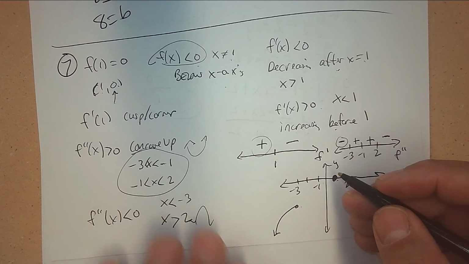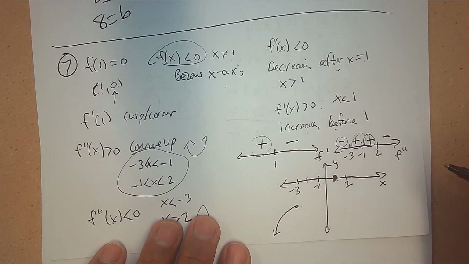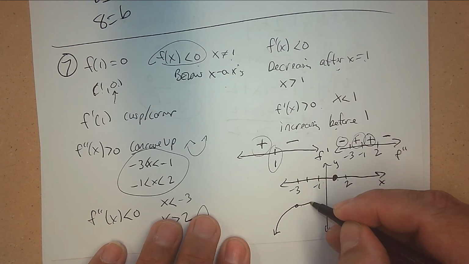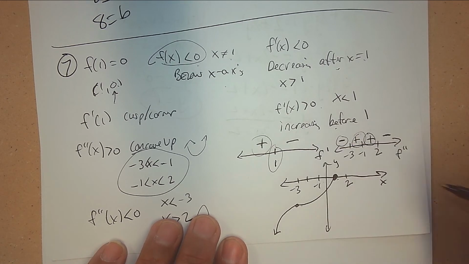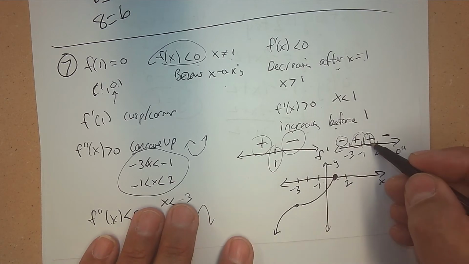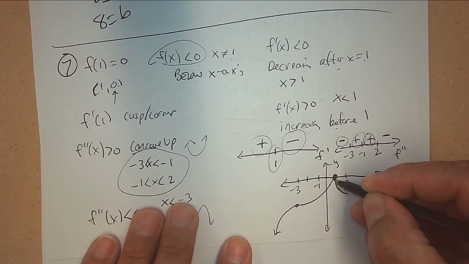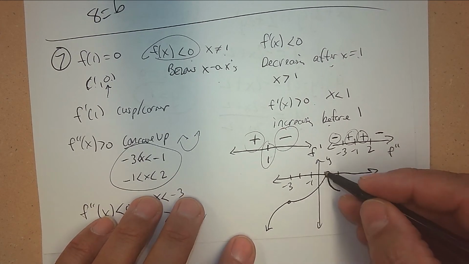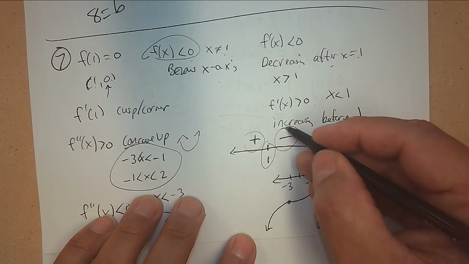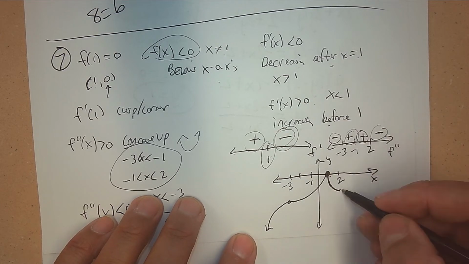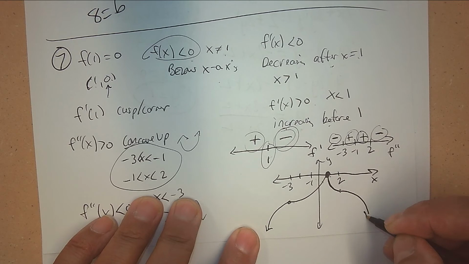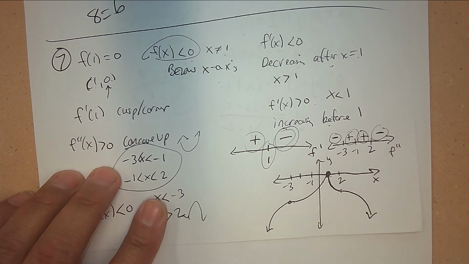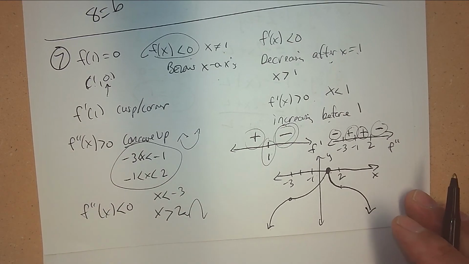In fact, here it's concave up and it's still increasing, so concave up and increasing all the way to 1. After 1 it's going to go down, but it's still concave up all the way to 2. Can you see the cusp there, that it's concave up, and then it's going down, and it continues to go down, but this time instead of smiling, it's going to frown going down? Can you get the shape of the concavity, increasing and decreasing, to be able to sketch what's being said?